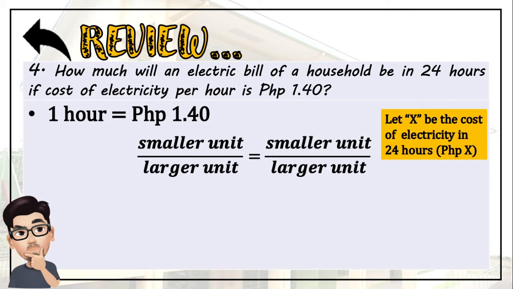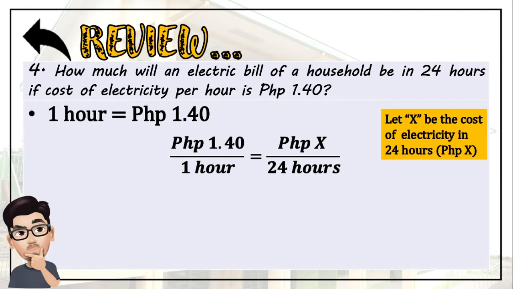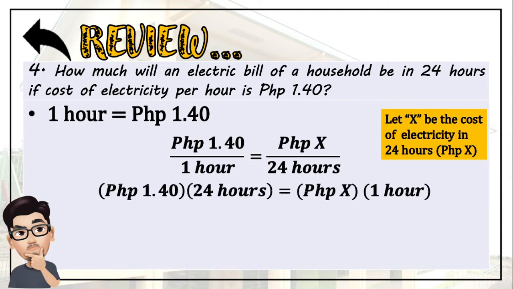In this case, we will let x be the cost of electricity in 24 hours. Now placing them on our formula, that will be 1 peso and 40 centavos divided by 1 hour equals x pesos divided by 24 hours. So we will cross multiply them and we will arrive at 1 peso and 40 cents times 24 hours equals x pesos times 1 hour.